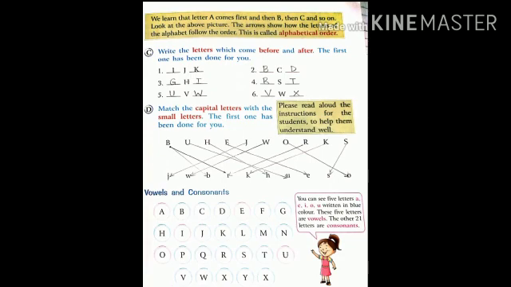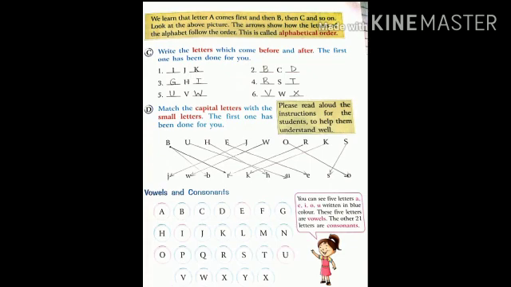Children, in question number D, match the capital letters with the small letters. The first one has been done for you. Children, in this, the alphabets given up are capital letters and the alphabets written down are small letters.